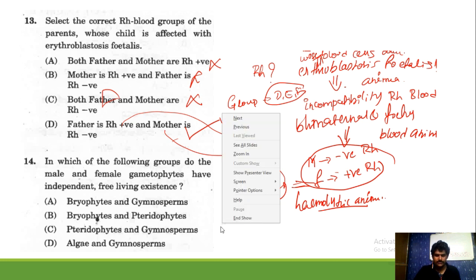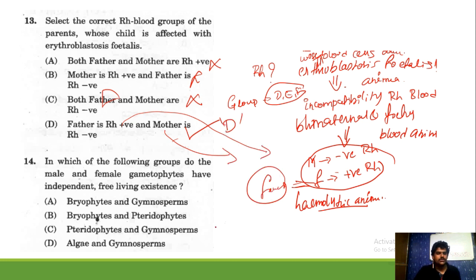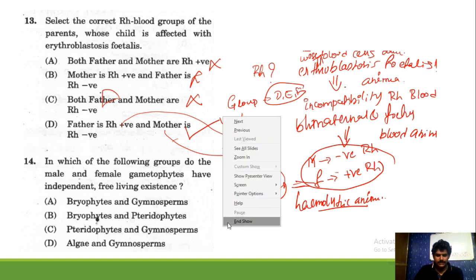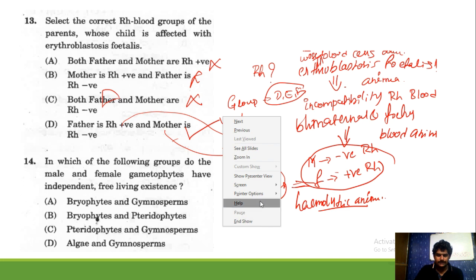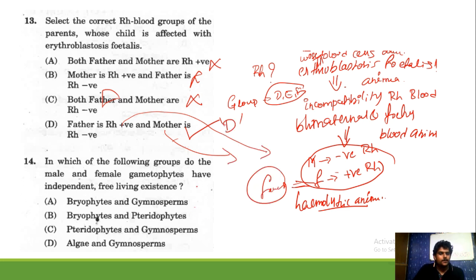In which of the following groups do the male and female gametophytes have independent free living existence?